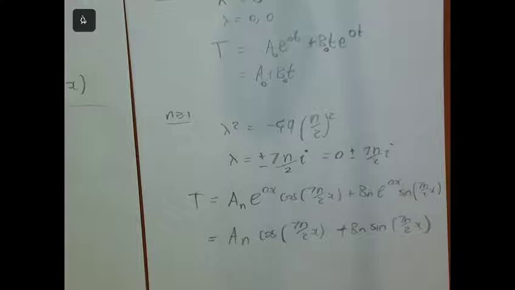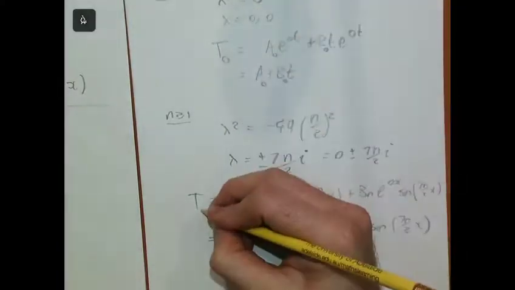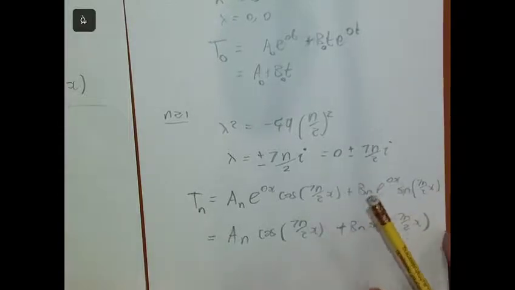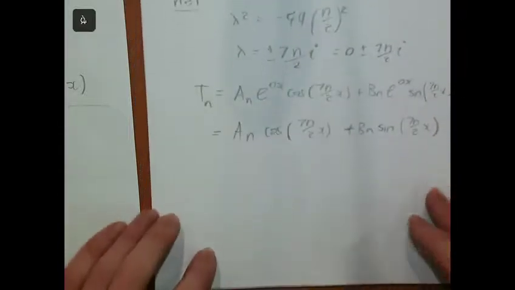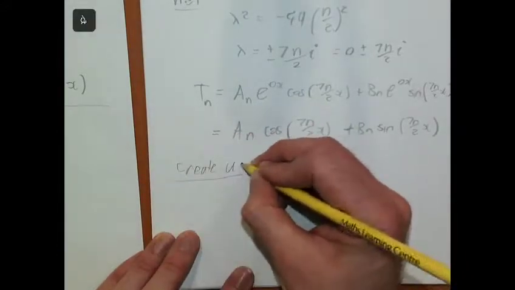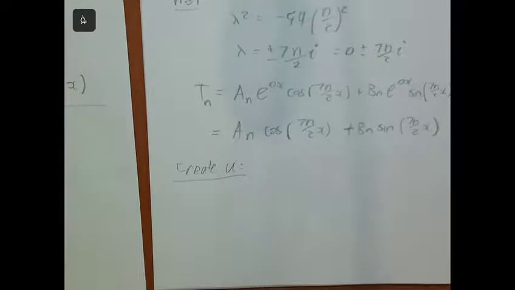And so there I am. I have now figured out what the x's are. I've now figured out what the t's are. This is t0 and tn here. They're labelled by which n we're up to. Okay. So now I can create the u's. Or thetas or whatever they're called.